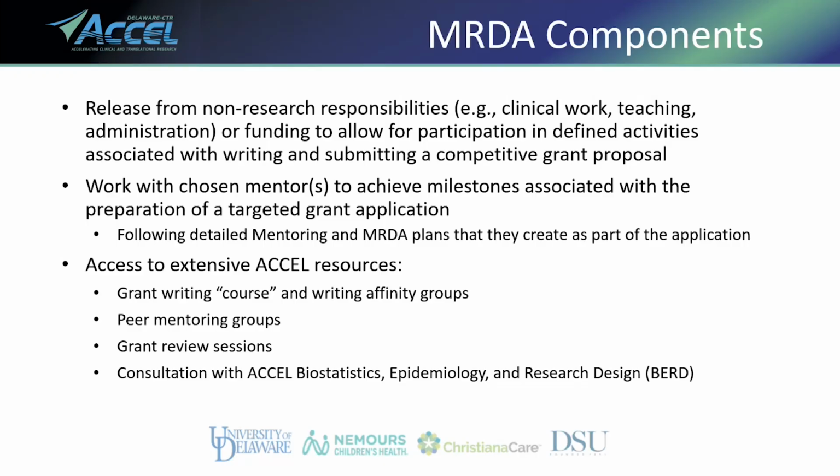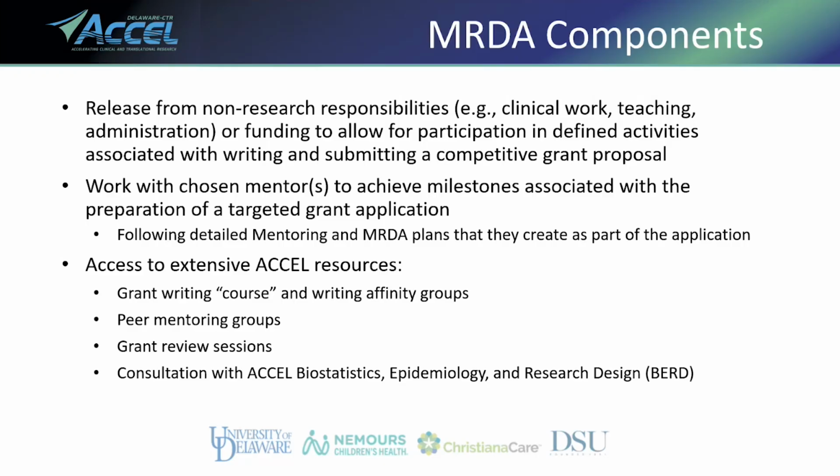So for example, there is an asynchronous grant writing course with YouTube videos that talk about various different components of grant writing, with the option for an in-person session with someone who's very successful at writing grants.